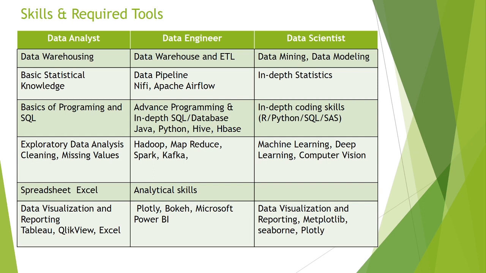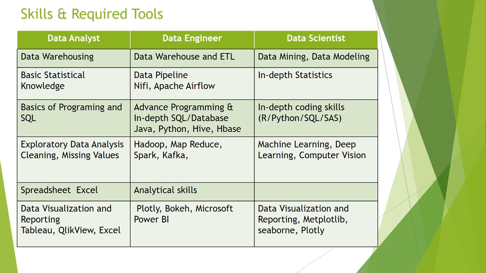What is required for a data scientist? A data scientist actually finds out information from the data, and that is called data mining. The starting point is to find out what kind of nature of the data we have.